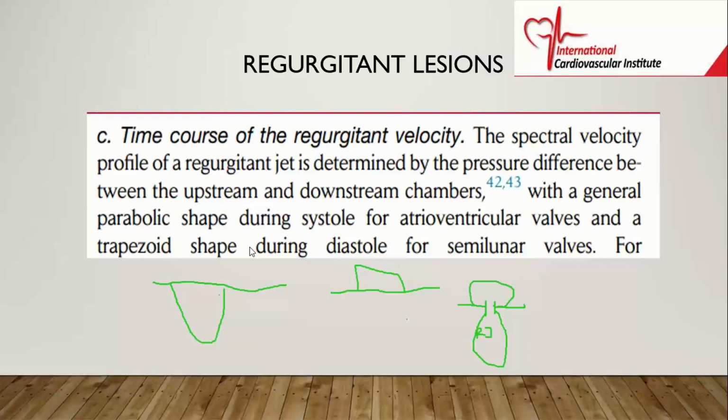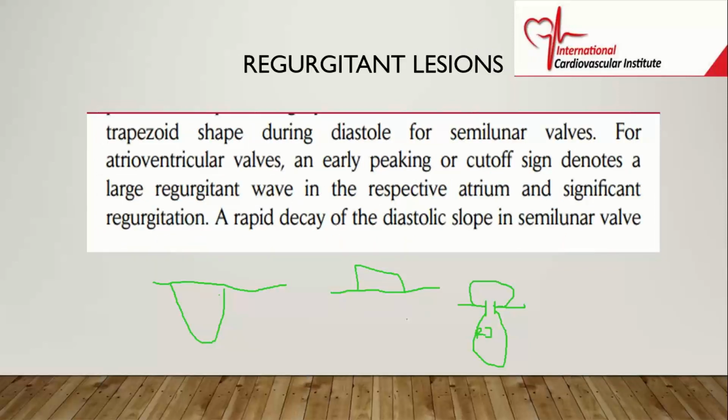However, for the AV valves, that's the mitral and the tricuspid, an early peak or cutoff denotes a large regurgitant volume. So if you get something looking triangular, the shape is triangular in, say, the TR or the MR, it usually suggests a large regurgitant wave, okay?